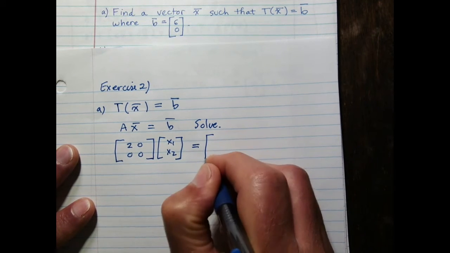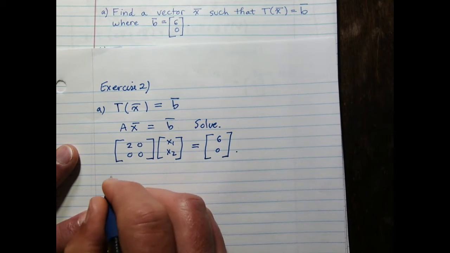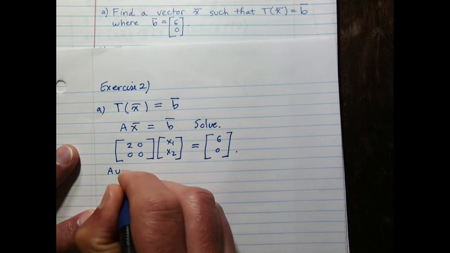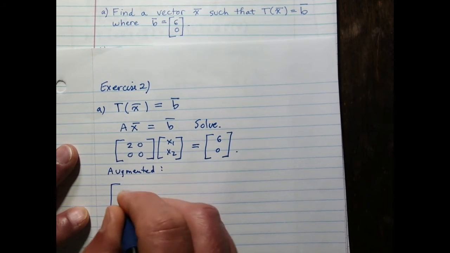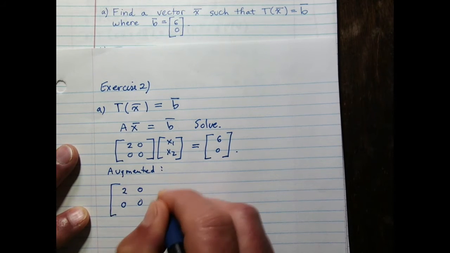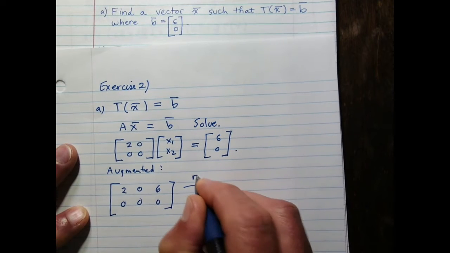And the b vector is 6, 0, that's given. So the augmented matrix, again, I'm going to set up as 2, 0, 0, 0, 6, 0. And I'm going to apply row operations.